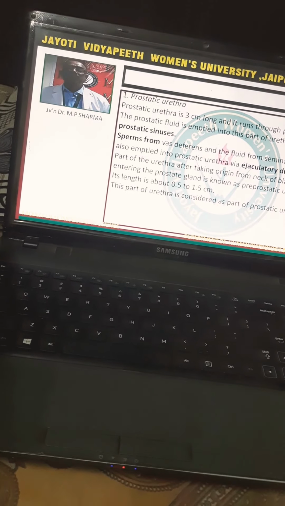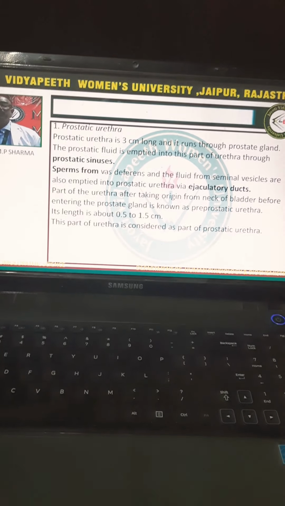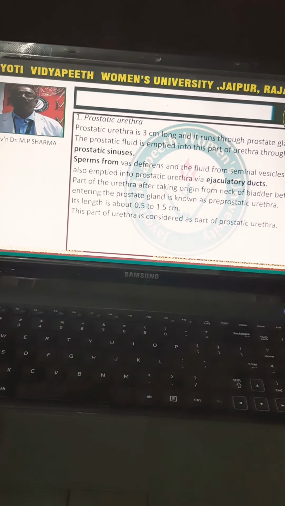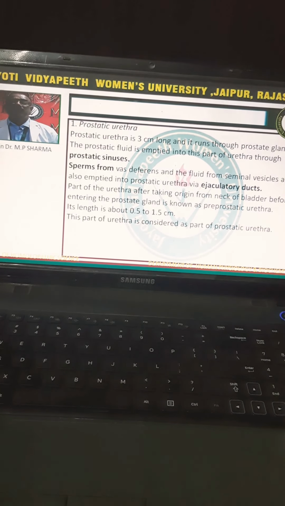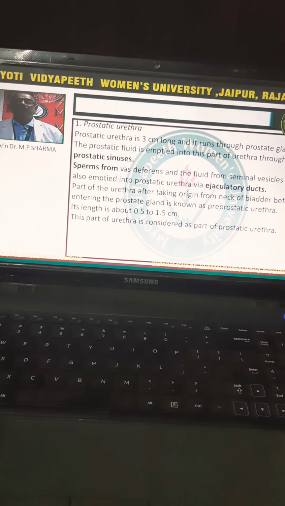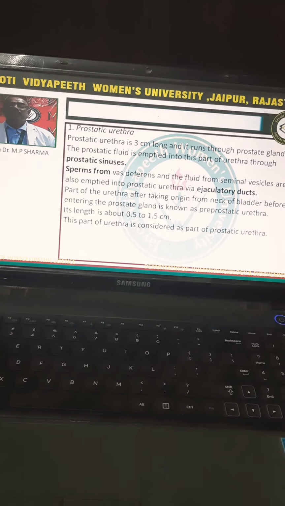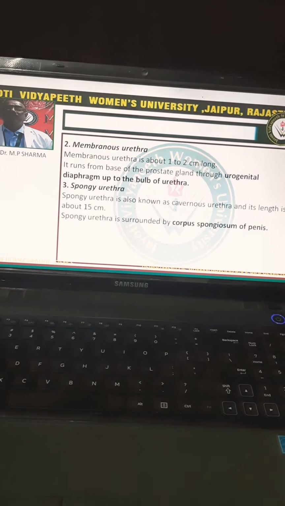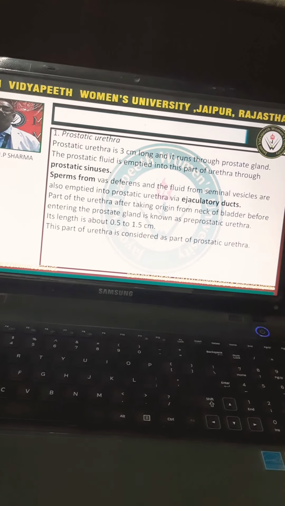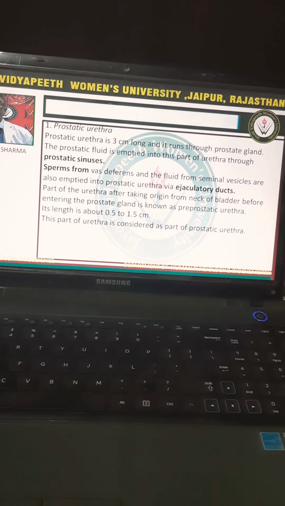Now prostatic urethra is 3 cm long and it runs through the prostate gland. The prostatic fluid is emptied into this part of the urethra through prostatic sinus. Sperm from vas deferens and the fluid from the seminal vesicle are also emptied into the prostatic urethra via ejaculatory duct.